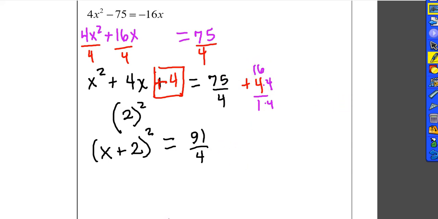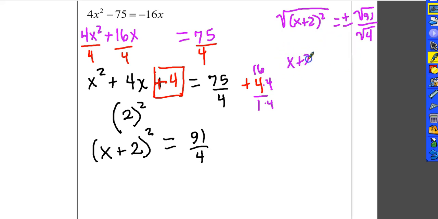Okay, now applying my square root property. I'm going to come over here so people can see. So the square root of x plus 2 quantity squared equals positive and negative square root of 91 over square root of 4. Definitely want to separate those because 4 is a perfect square and 91 is not.